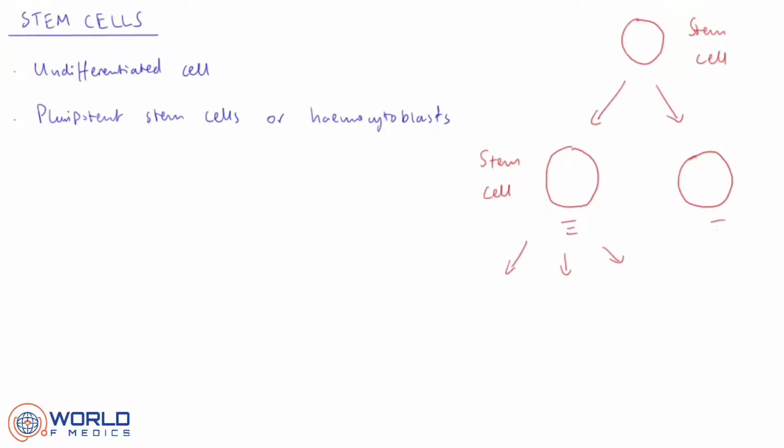The second of these cells is going to go on to become a differentiated cell, and this obviously depends on what tissue this is going to be in and what area of the body this is in. When this occurs within blood and forming blood cells, this is called haemopoiesis.